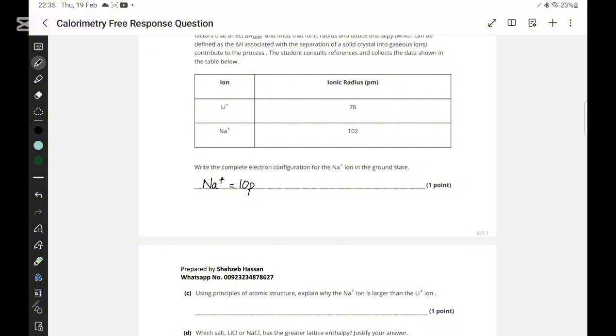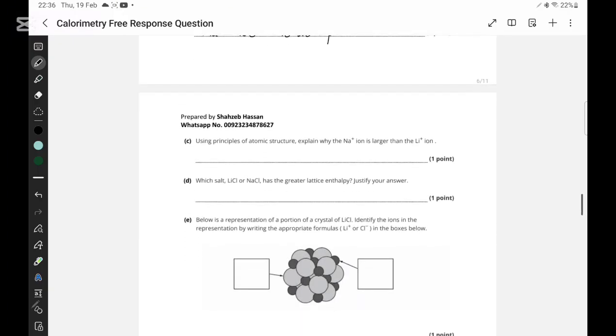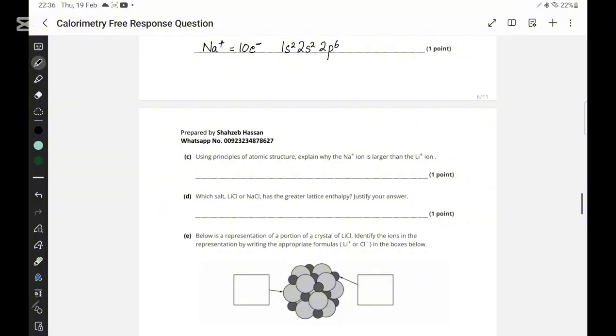Na positive contains 11 protons and 10 electrons, because it has lost one electron, and its electronic configuration is going to be 1s2, 2s2, 2p6. Use principles of atomic structure to explain why sodium ion is larger than Li positive. Li positive has 1s2 as its electronic configuration.